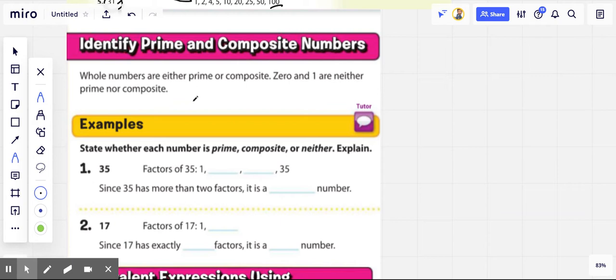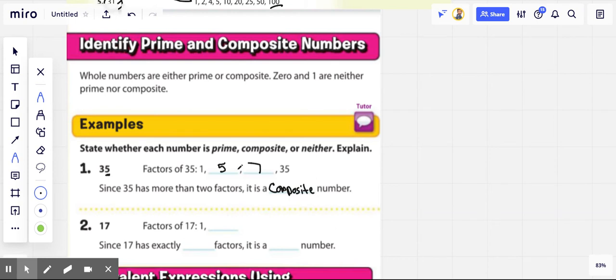The factors of 35: we have 1 and 35 already. But what else can we multiply together to get 35? Well, 5 and 7. Anytime a number ends with 5, then you know that 5 is a factor of that number. Since 35 has more than two factors, it is a composite number.